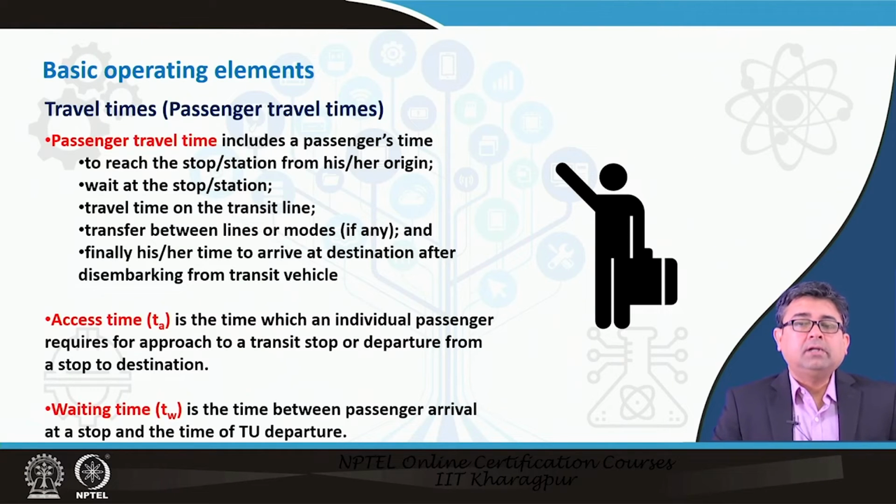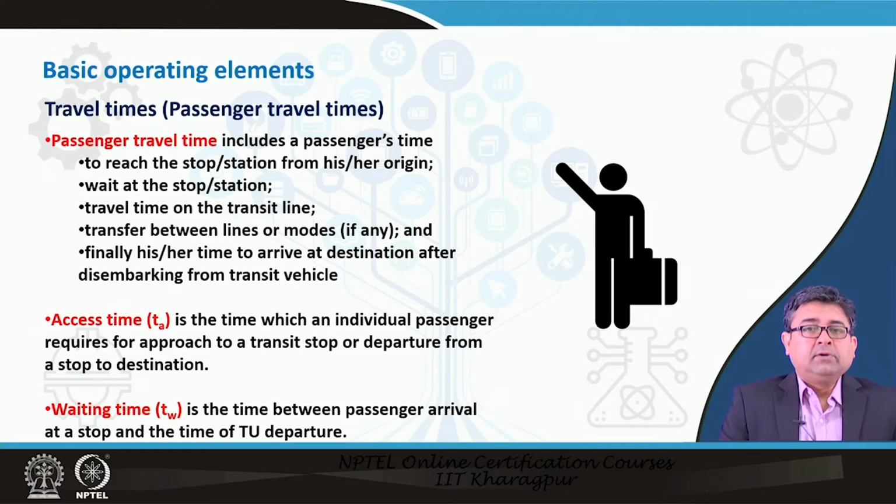Now, those were all the travel times when we looked at it from the point of view of the operators. If you look at the travel times from the point of view of the passengers, we see that the passenger travel time on a transit line has 4 to 5 different subclassifications.